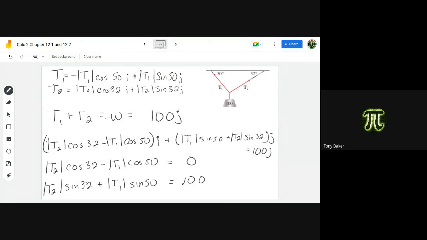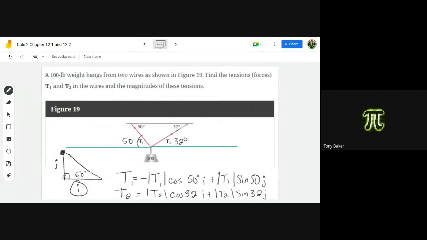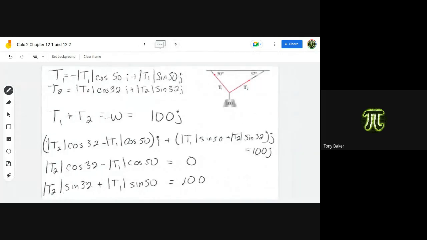Because they're both positive. They're both going up. The signs are both going up. I'm finding the difference of factors. Nope, the sum of them equals the negative weight.